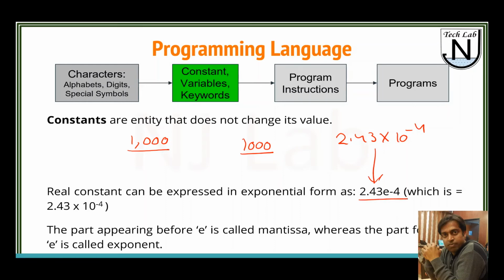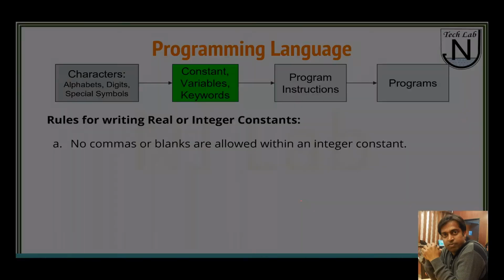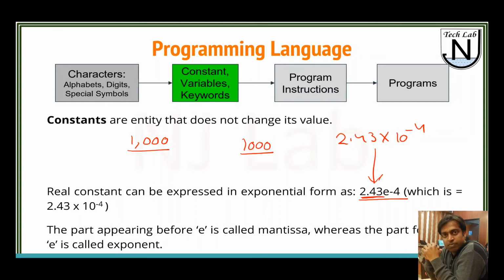If I want to write a real number, I can express it like this too: 2.43 e minus 4. The number after e indicates the power of 10. The part appearing before e is called the mantissa. 2.43 is the mantissa, whereas the part following e is known as the exponent. So I can simply write 2.43 in this way, as 2.43 e minus 4.